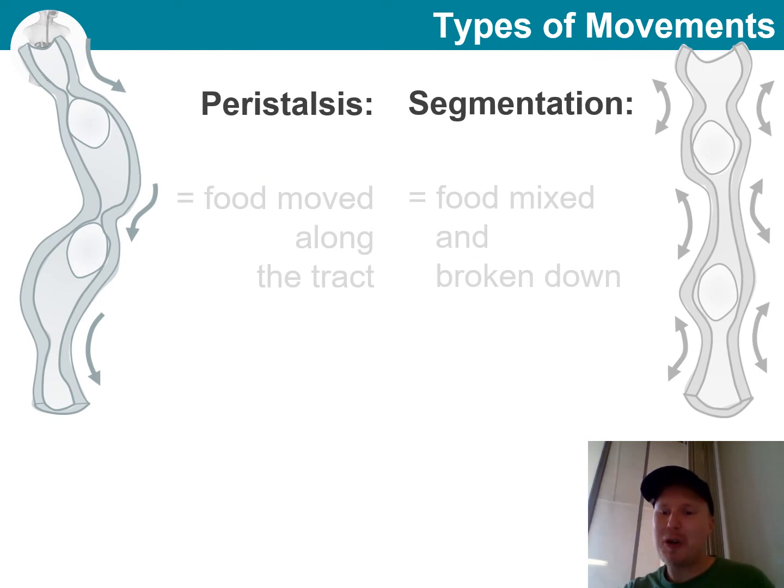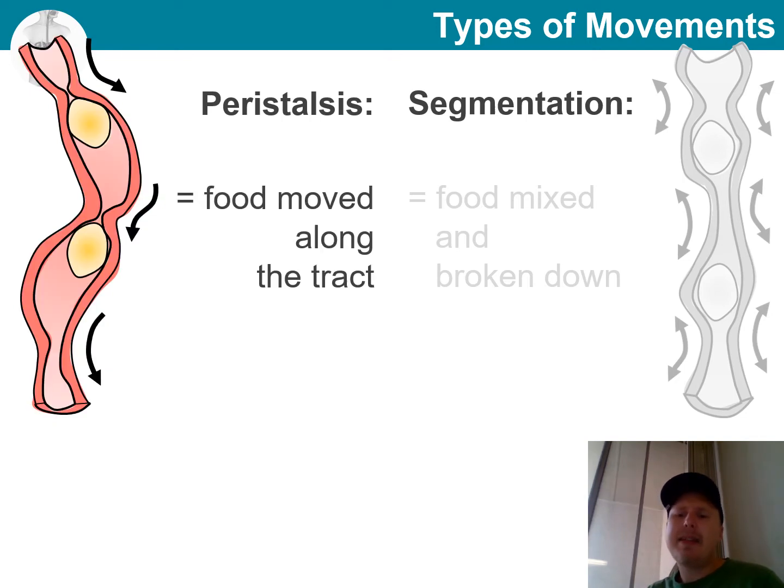Next, I want to talk a little about two types of movements that happen in the digestive system. The first one that we are going to address is peristalsis. In this, we have a wave-like movement of the muscles in the alimentary canal, which results in the food moving onward along the tube.